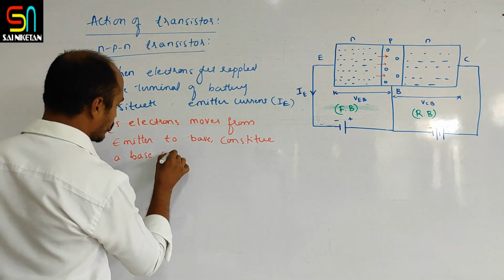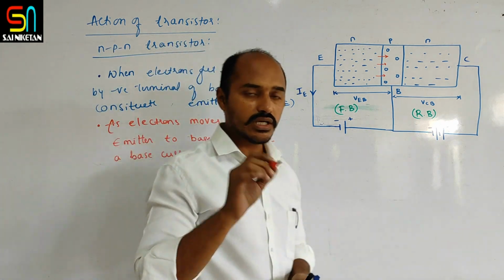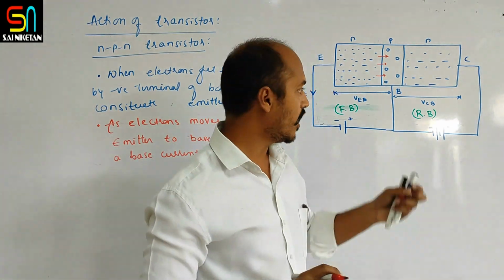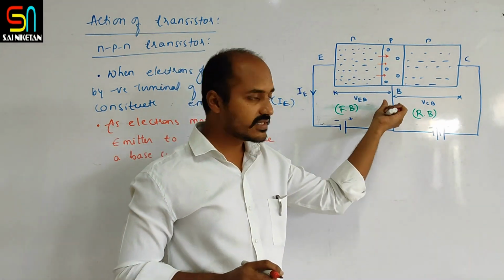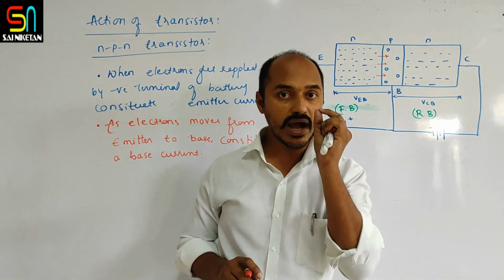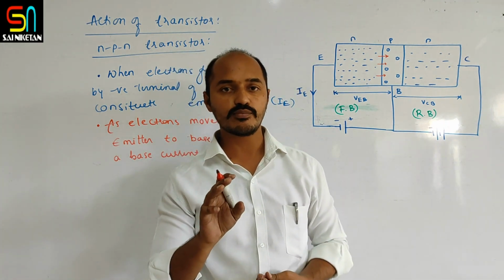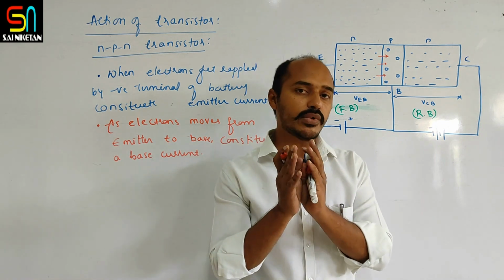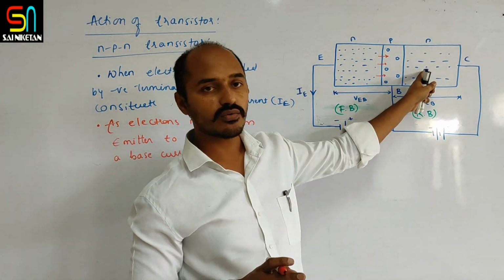So remember, here very few electrons. If 100 electrons come to the base region, only 5% of electrons get absorbed, and the remaining 95% of electrons start moving towards the N region once again.